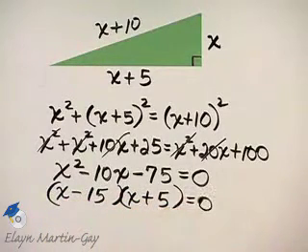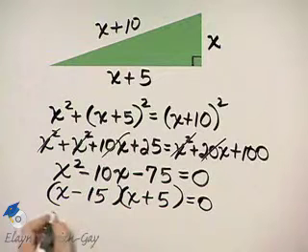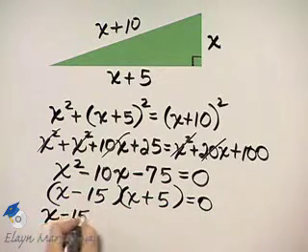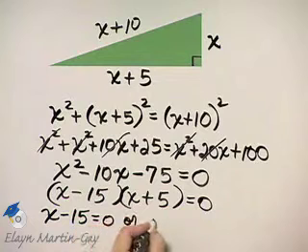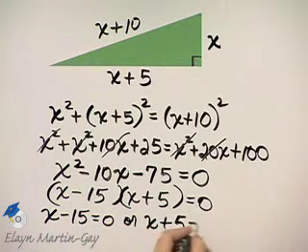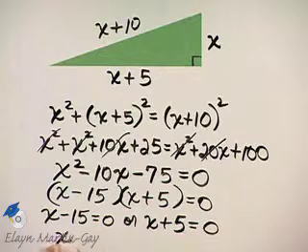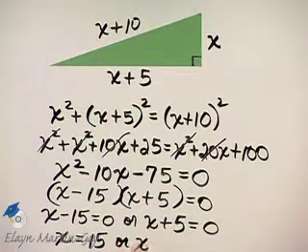x plus 5 is equal to 0, and then you set each factor equal to 0: x minus 15 is equal to 0, or x plus 5 is equal to 0. Here add 15 to both sides. We'll have x is 15, or x is negative 5.